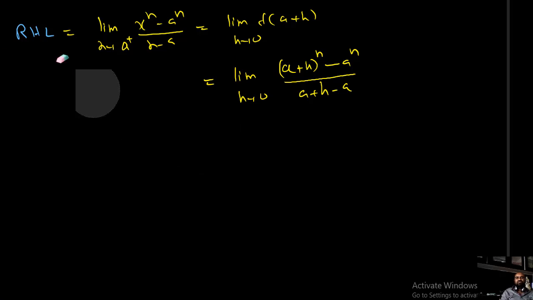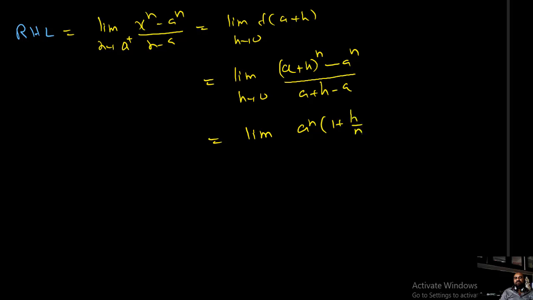which is same as the limiting value of a power n into (1 plus h by a) whole power n minus a power n by h, where h is tending to 0. So what I am doing here, a power n is taken common here.